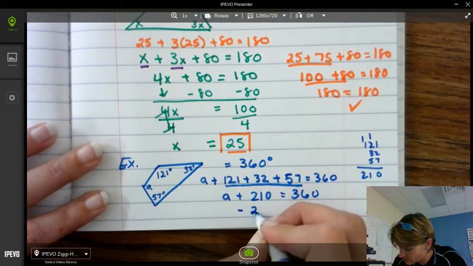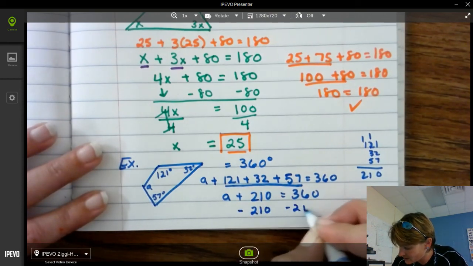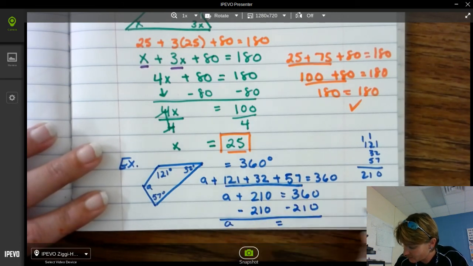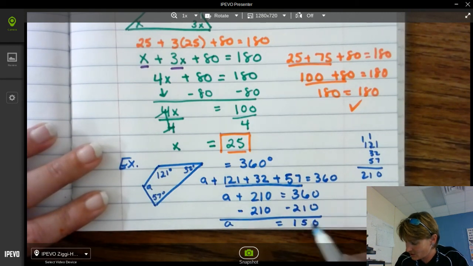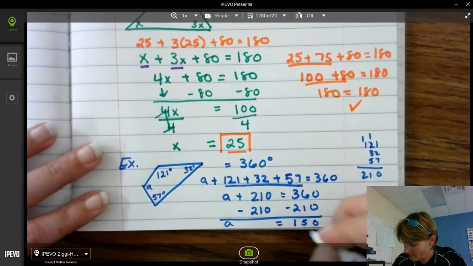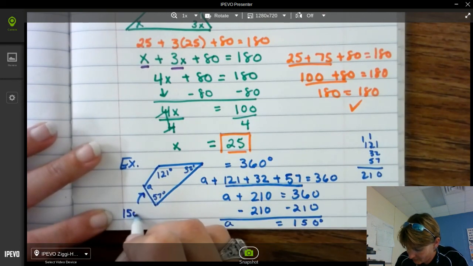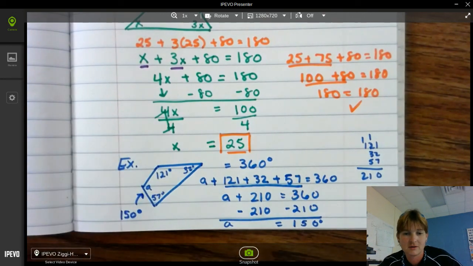So we subtract 210 from both sides. That gives us A by itself. When we subtract, we get 150 degrees. So this A equals 150 degrees.